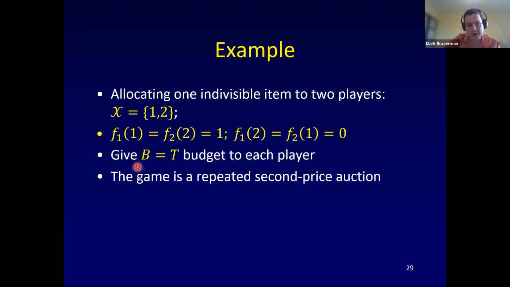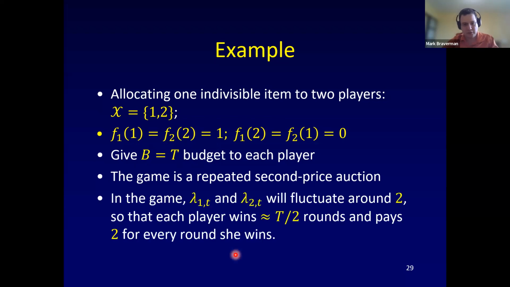So what will happen? We'll give a budget B equals T to each player, and run this repeatedly. What is VCG in this case? It's a repeated second price auction. At each step, the players bid lambda 1T and lambda 2T. The higher bidder gets the item and pays the second highest bid.